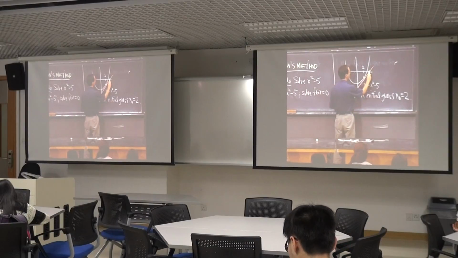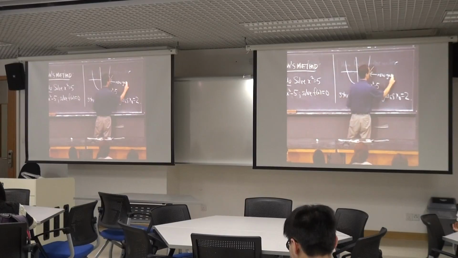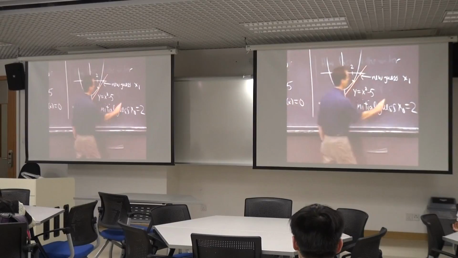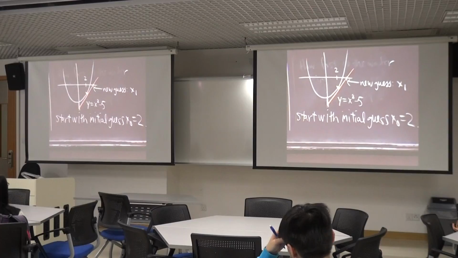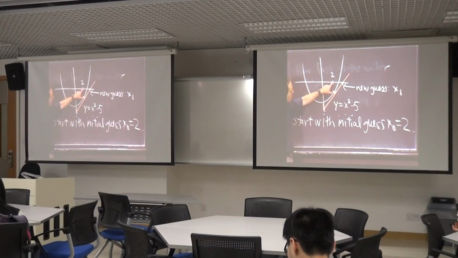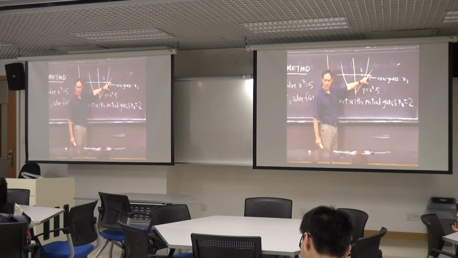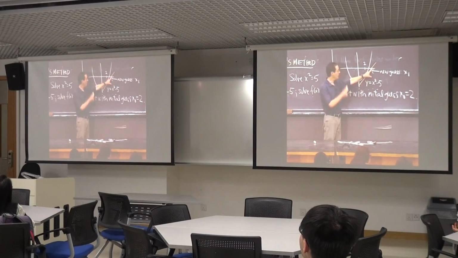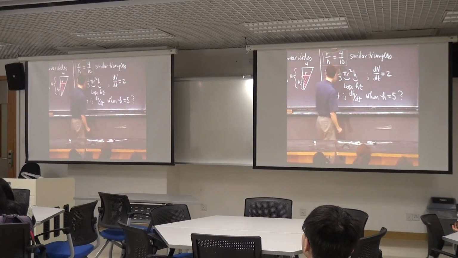And this is going to be our new guess, x equals x1. All right? So the idea here is that this point may be somewhat far from where it crosses, but this point will be a little closer. And now we're going to do this over and over again and see how fast it gets to the place we're aiming for. All right? So we have to work out what the formulas are, and that's the strategy.